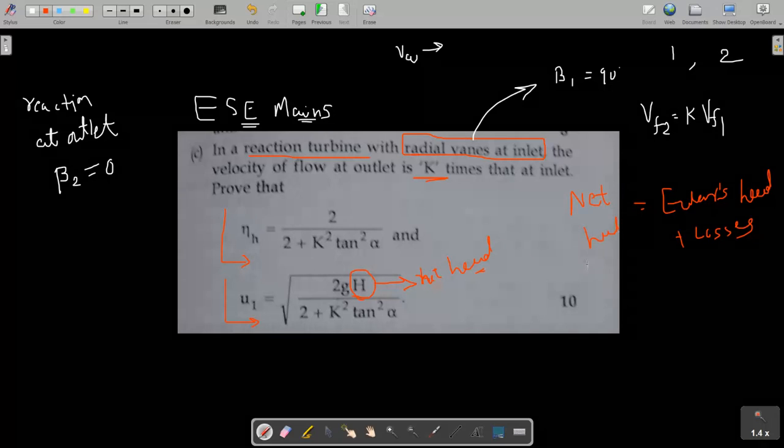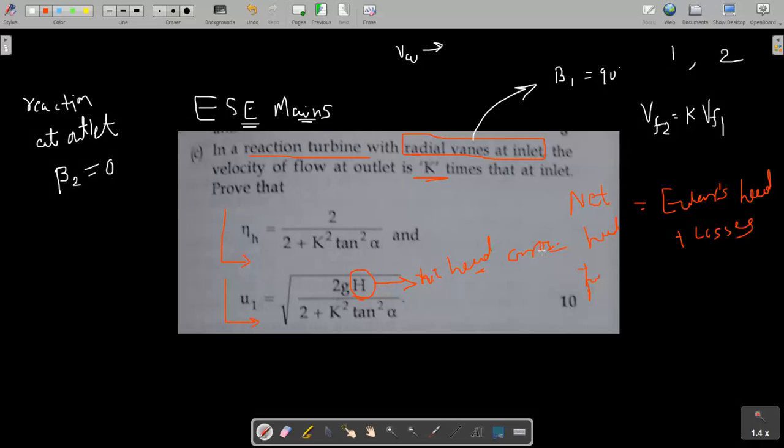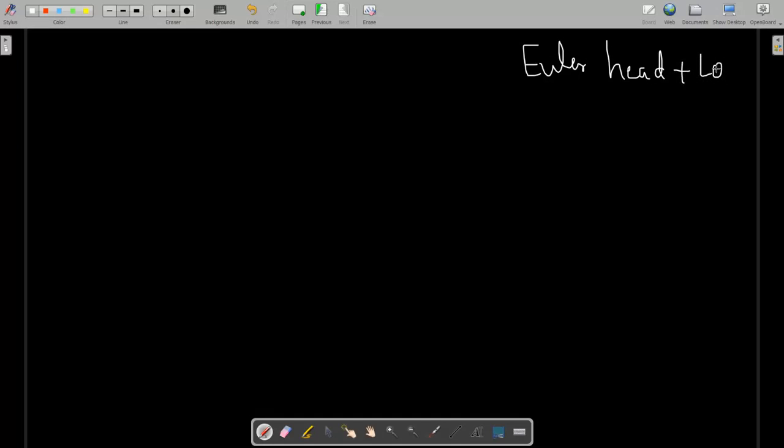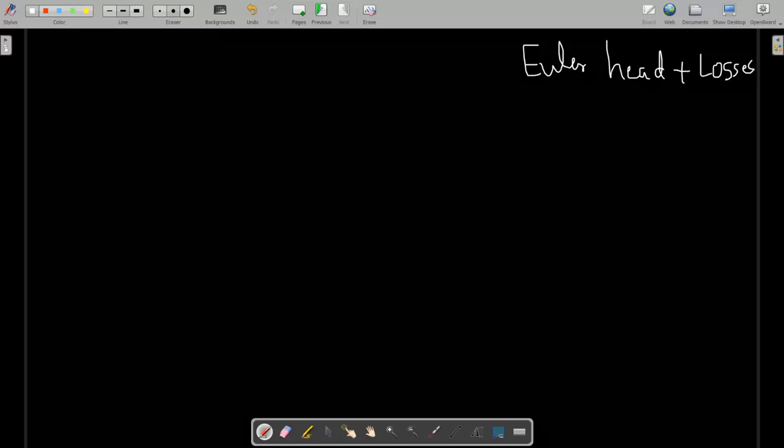And when you add the losses in the penstock, then it will become gross head. Euler's head means the actual available head which is generating the power. Euler's head plus the losses within the turbine and at the exit will become our net head.